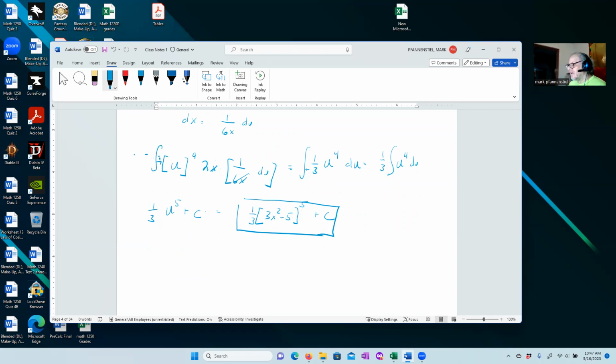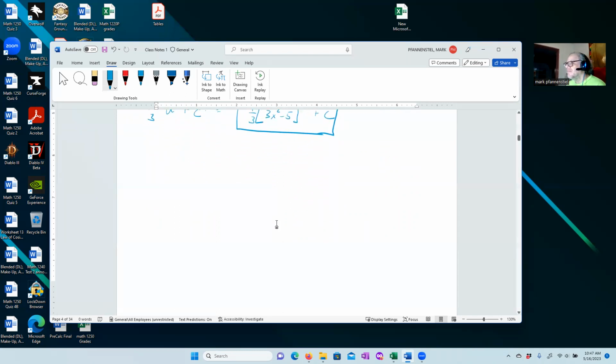That's how you know you did it right. If you're still left with an extra x in there, you know you picked the wrong u substitution, or you have to finagle it a little bit to make it work. I'll show you guys a couple of those tomorrow. But I just wanted to get through your basic u substitution idea here.